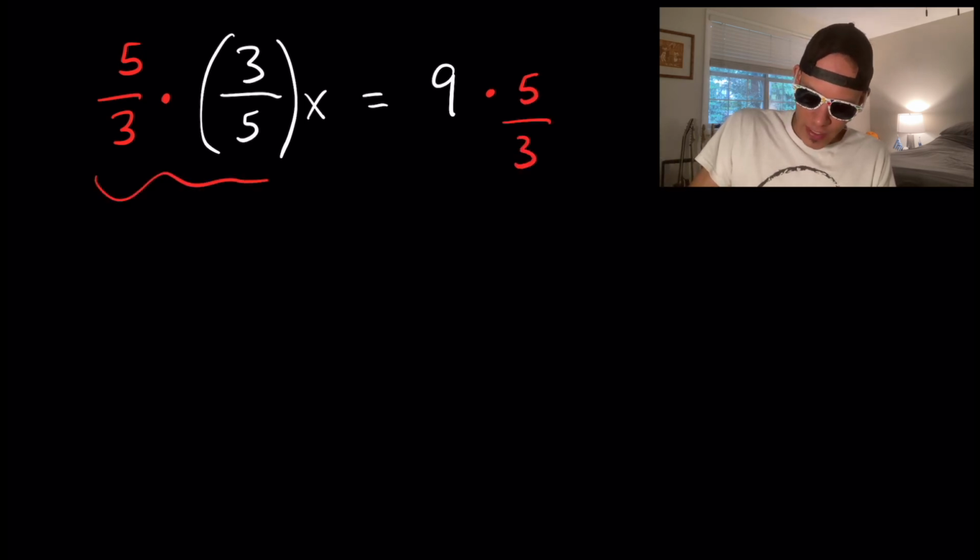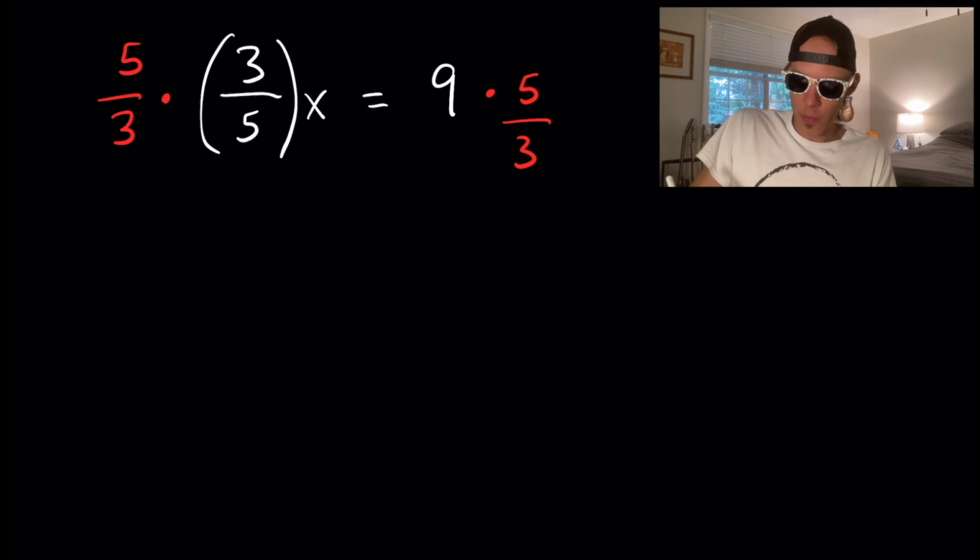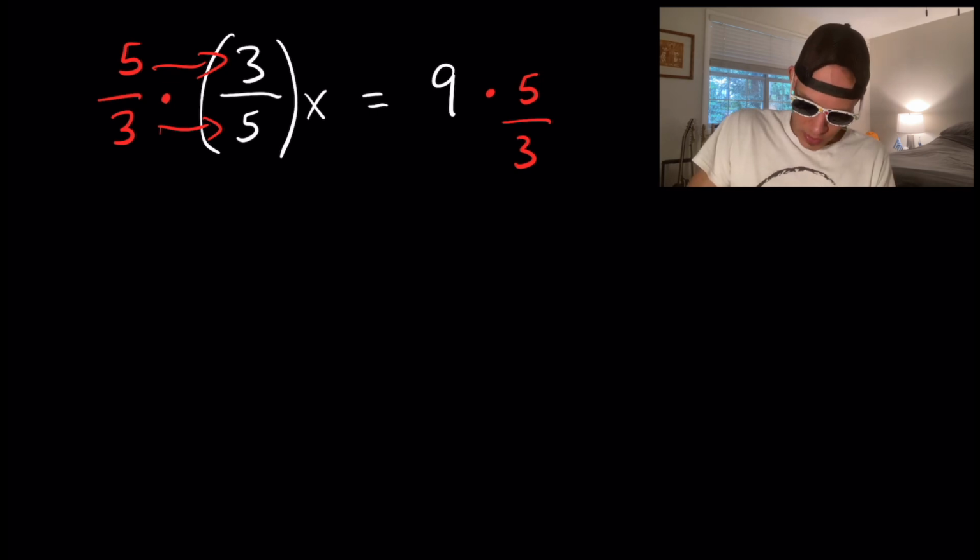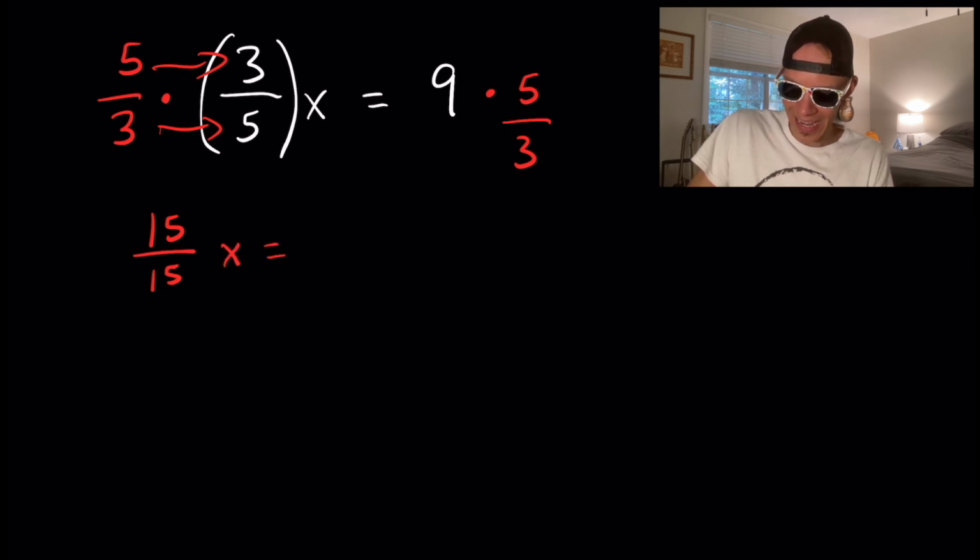What's going to happen over here, though, is if you remember how to multiply fractions, we just multiply our numerators and then our denominators. So I'll have 5 times 3 is 15 over 3 times 5 is 15 times x equals, remember we can write 9 as 9 over 1.